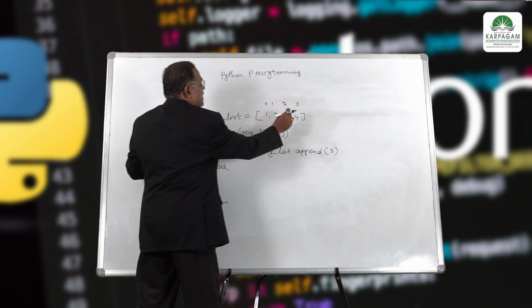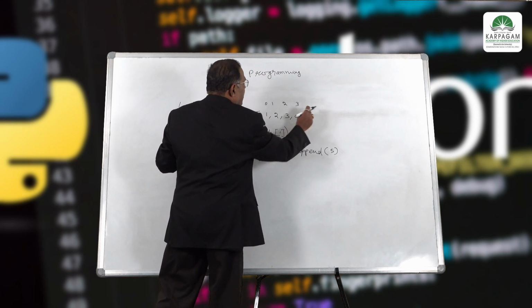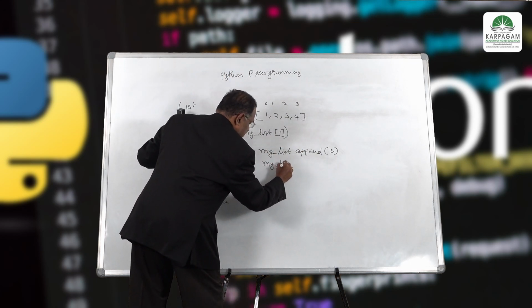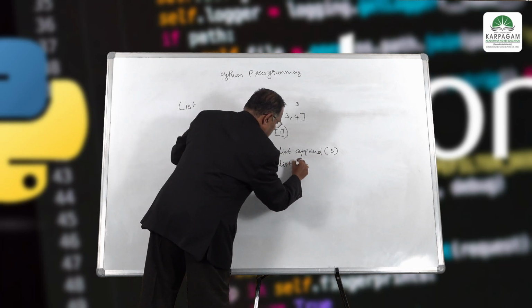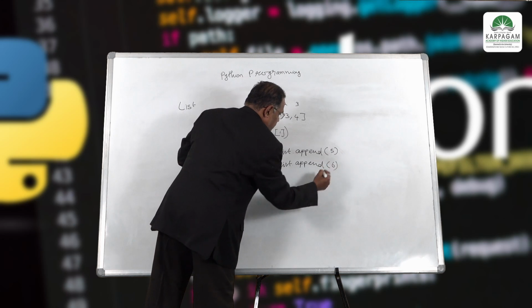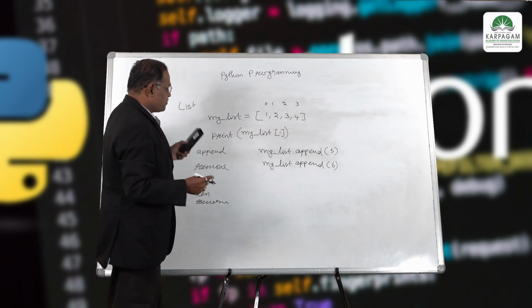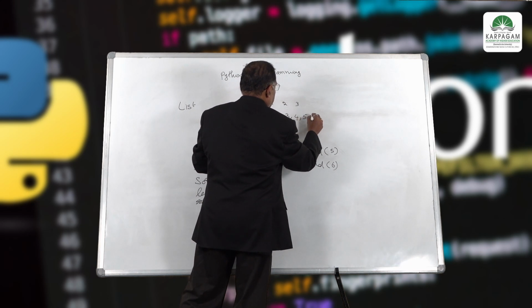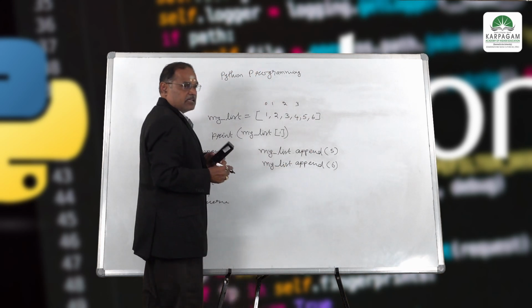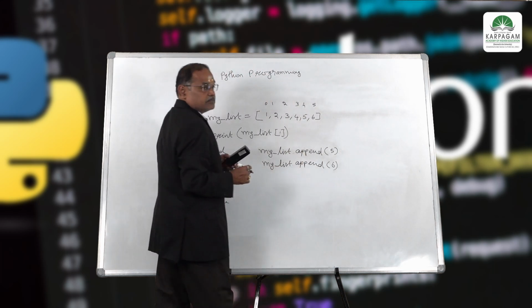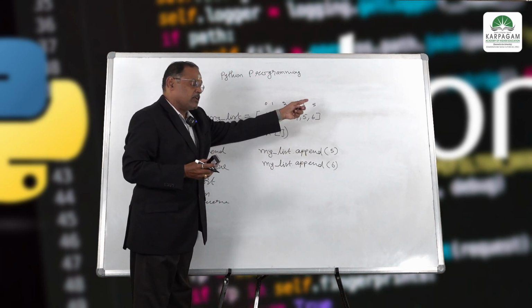So my list will be appended with the number 5. Then my list dot append of 6. So the 6 will be appended. Now my list will be like this. 5 and 6 will be added to my list. So here I will be having 4 and 5. My index will be changed to 4 and 5.